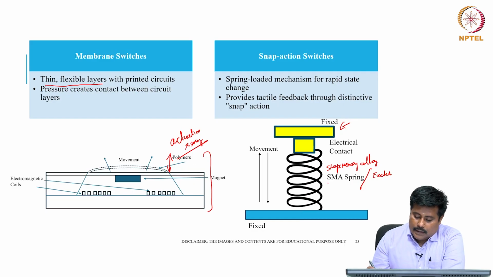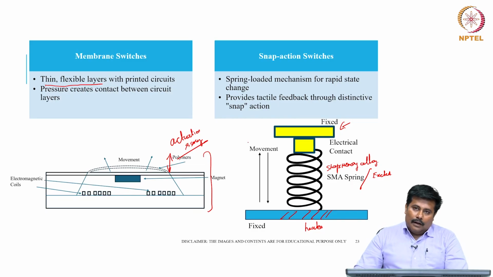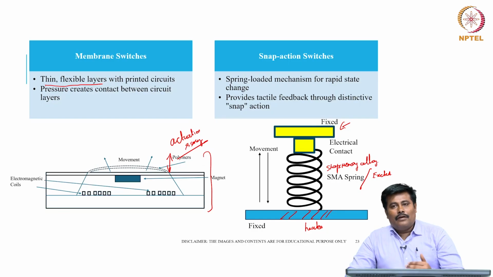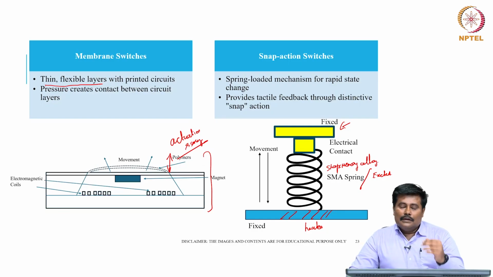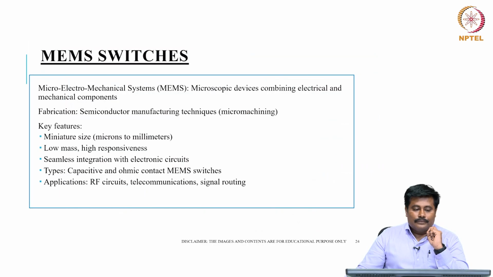The movement is controlled in such a way that a heater is placed. This heating takes care of the movement of the electrical contact, the movable system moving back and forth. It is almost equivalent to a solenoid. In a solenoid we have a magnetic field; here, the spring plays a vital role in controlling the overall action. That is why this is called a snap action switch.